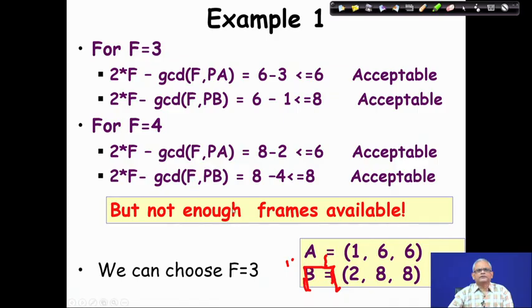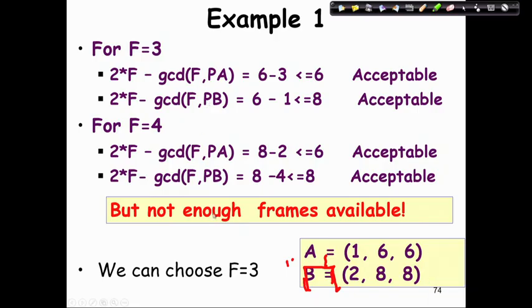So, not enough frames are available, and therefore, f equal to 4 we cannot choose. No point in looking further ahead at 6, 8 etcetera, because the number of frames becomes still smaller, and therefore, 3 is the largest frame size for which we can have a possible schedule, and based on this our design choice will be the frame size equal to 3.